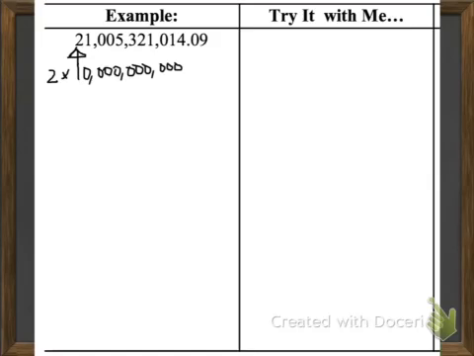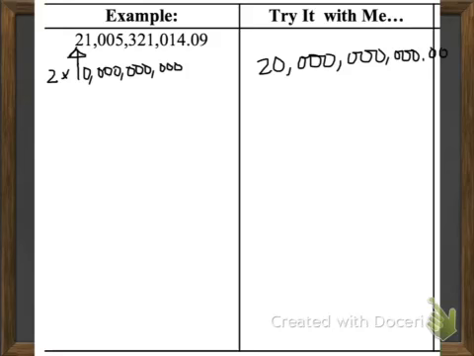Which means that it's worth 20 billion when you actually multiply that out. And then our decimal point is right down here at the end, and you can actually just put zeros there.